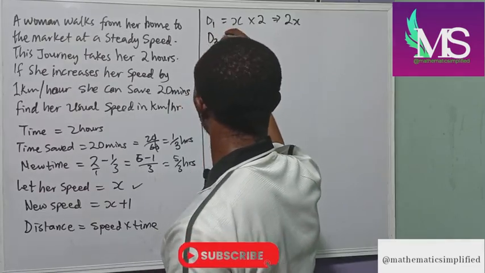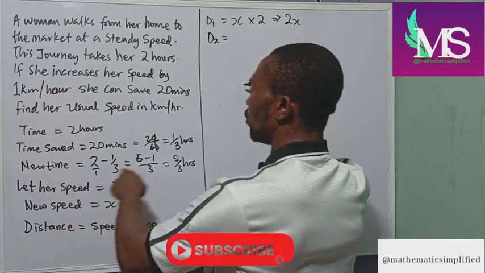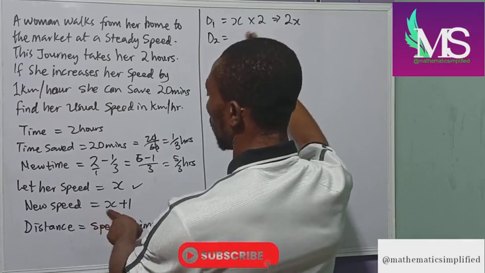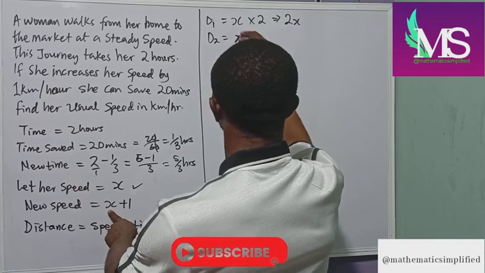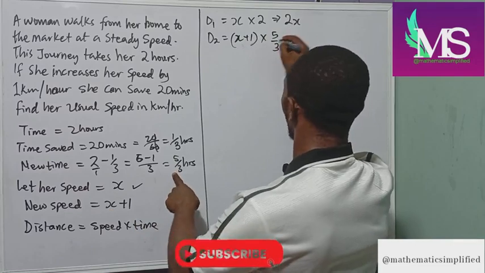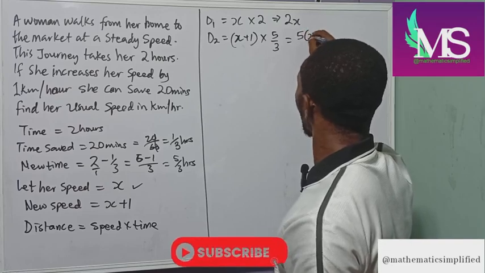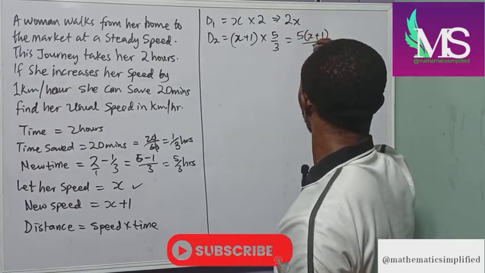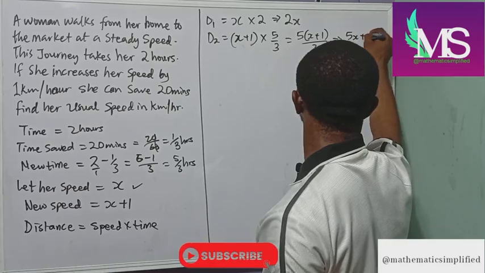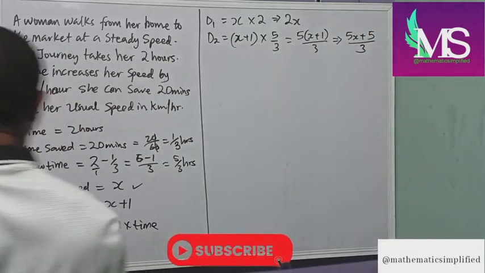Now our distance 2 will be our new speed x plus 1 times our new time, which is 5 over 3, which gives us 5 brackets x plus 1 all over 3, which when we expand we have 5x plus 5 over 3 as our new distance.